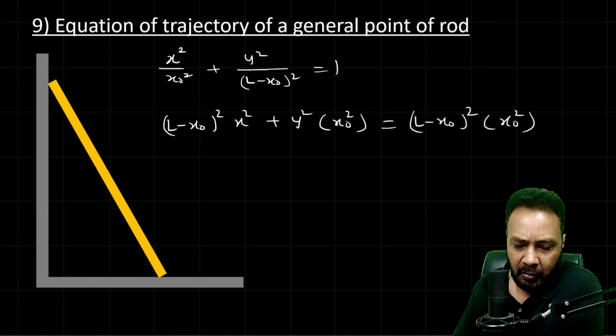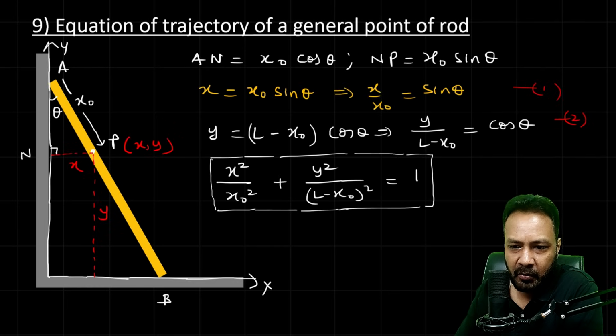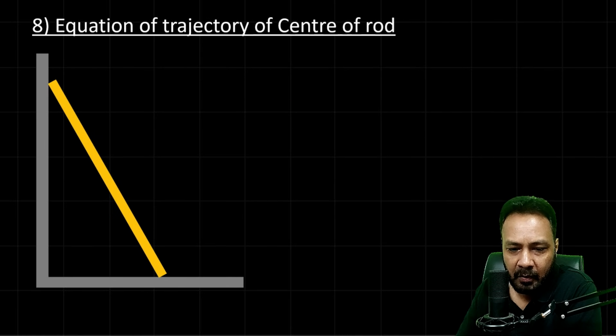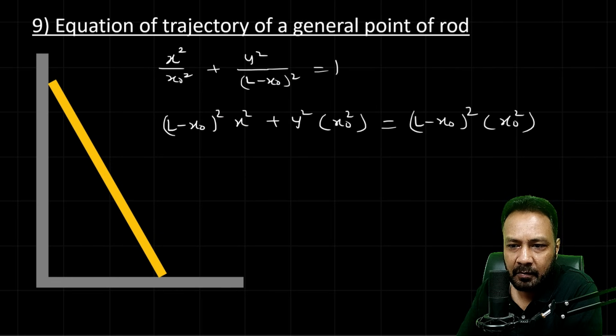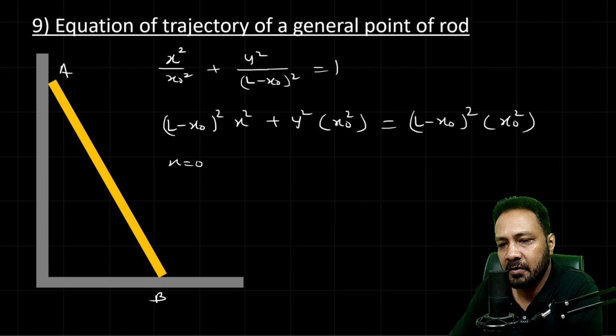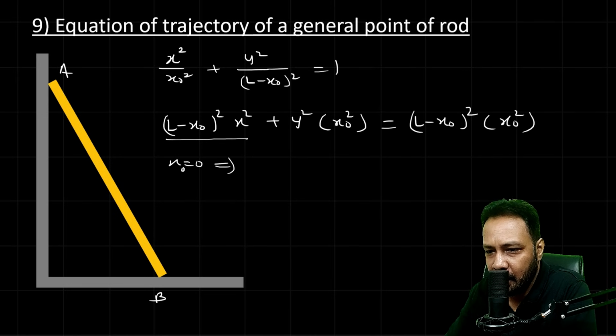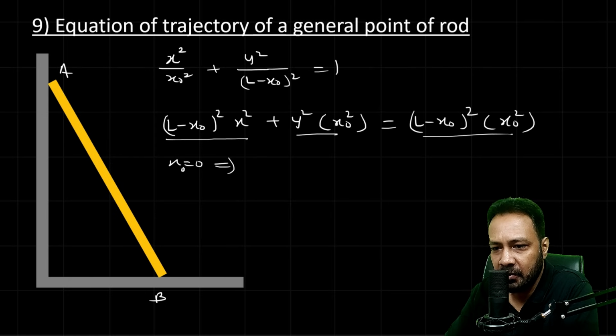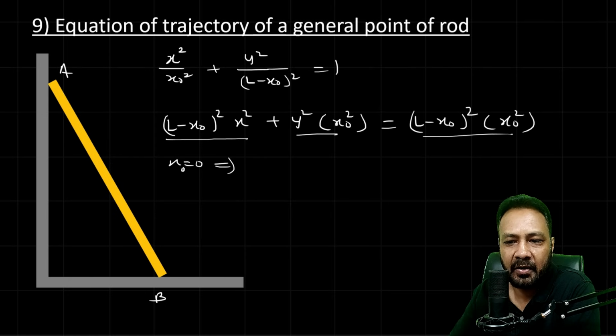So now let me check the boundary conditions. What are the boundary conditions? Take the end point. If my point P is at A, so x naught is 0. So here at A, and this is B, x naught is 0 would mean this part will vanish, that will give me x is equal to 0, that is the y-axis.